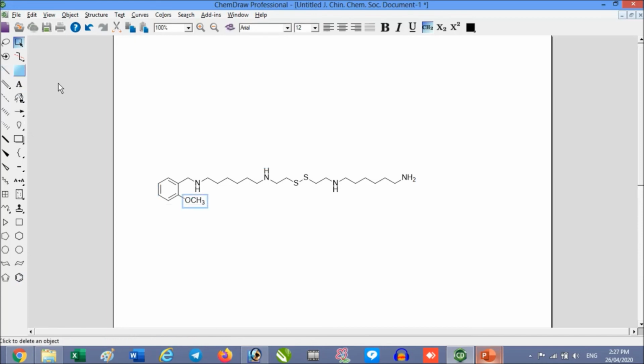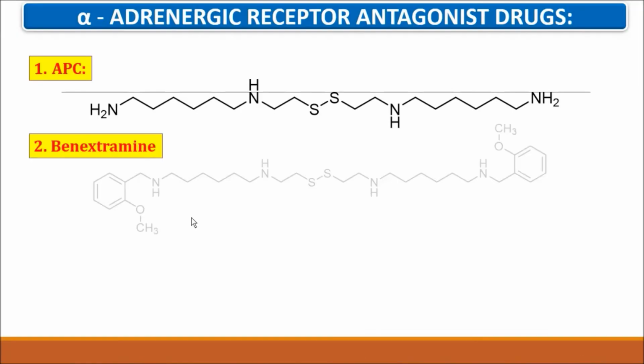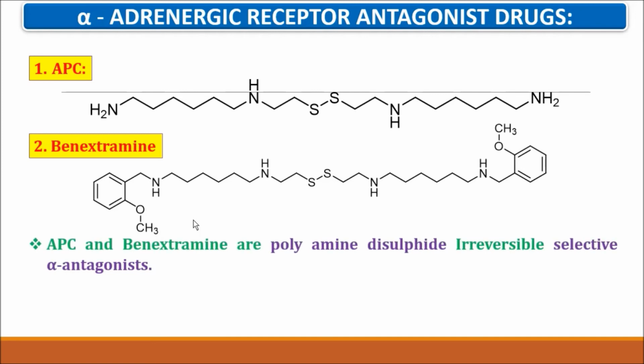The same thing we have for the last nitrogen, here we have OCH3. So this is the structure of benoxyethamine. Compared to APC, it has a CH2, then a phenyl ring with OCH3 at the ortho position. So friends, these two drugs are polyamine disulfide compounds.